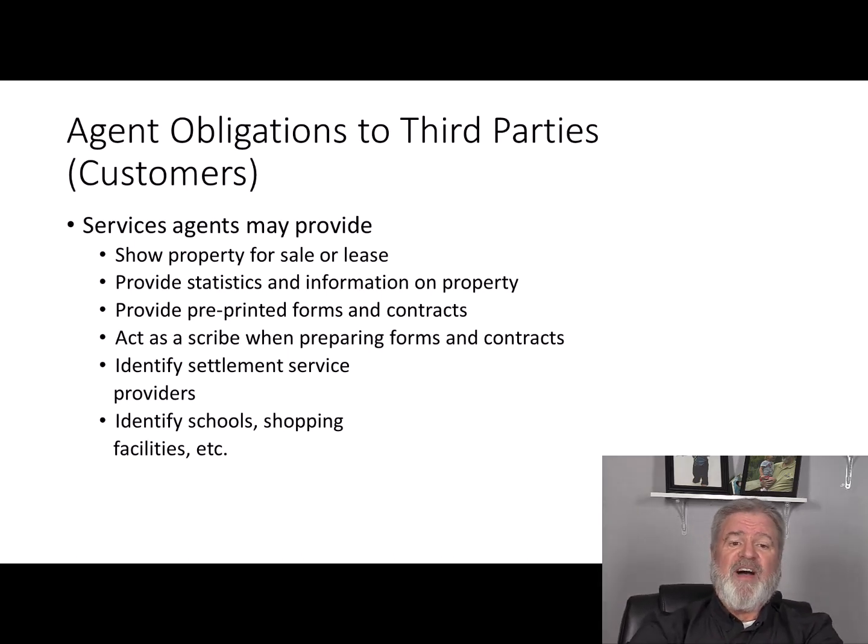Number two, you can provide statistics and information on the property. Y'all, what they're talking about there would be things that would be considered public knowledge. For example, a very common question a buyer might ask you: Frankie, do you know how much the property taxes are for this property? That's a very common question.